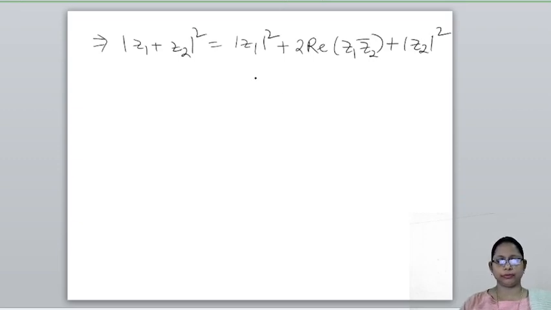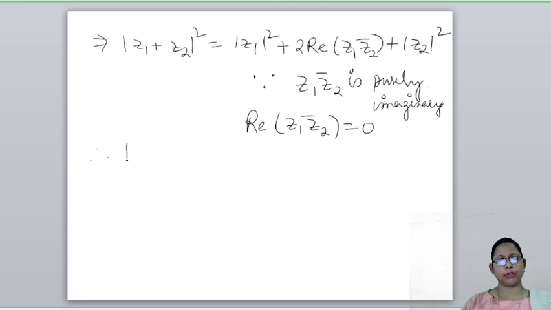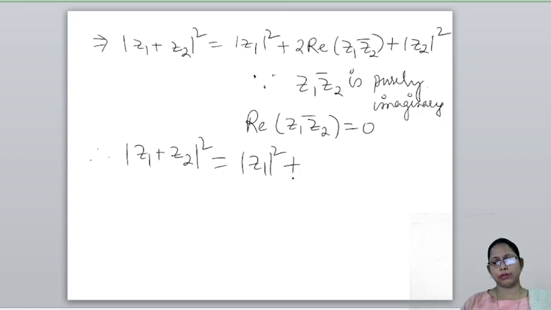Since Z1 Z2 conjugate is purely imaginary, it is given in the question, the real part of Z1 Z2 conjugate is 0. Therefore modulus Z1 plus Z2 square is equal to modulus Z1 square plus modulus Z2 square. So we get our result.